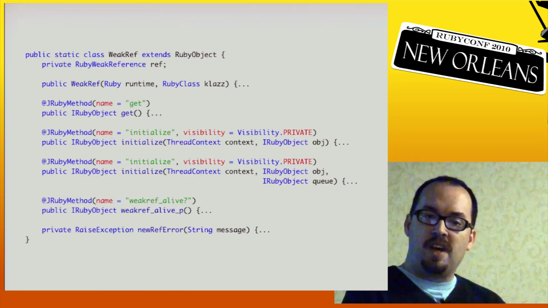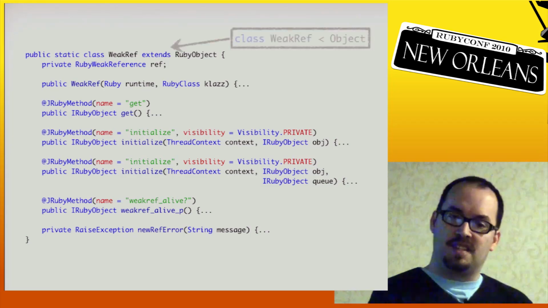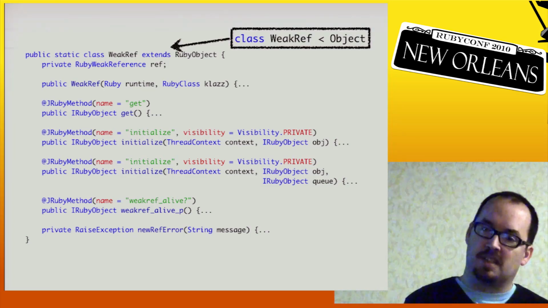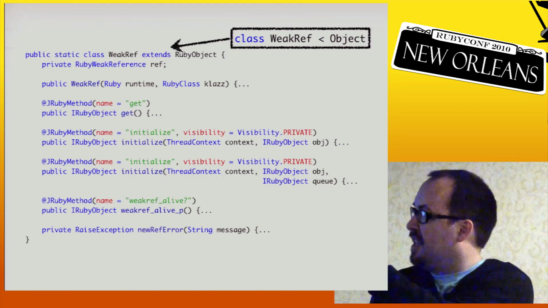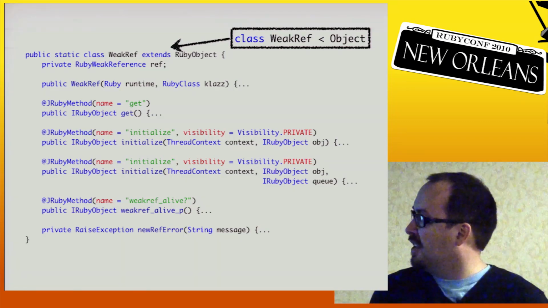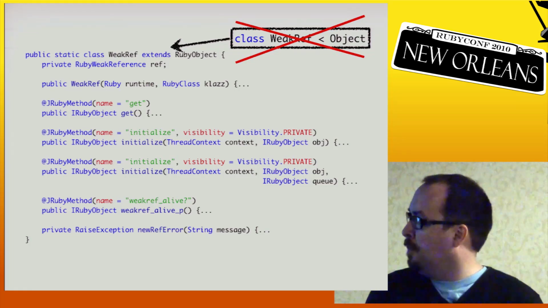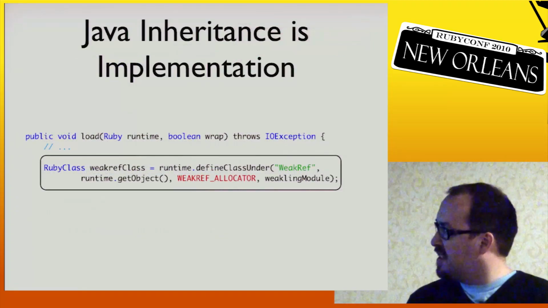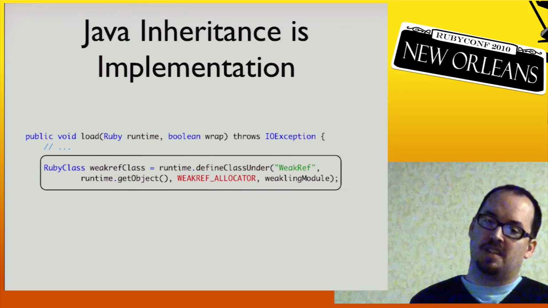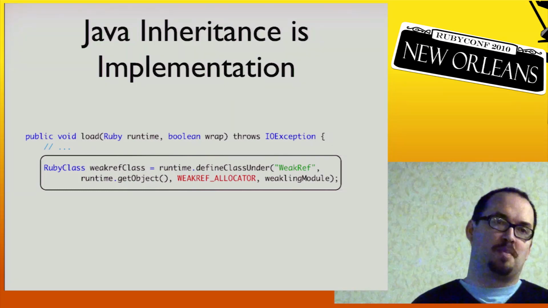So, if we actually look at the weakref class, the first thing you'll see is, weakref extends Ruby object. And so you'd naturally think that that was that relationship in Ruby as well, but it's not quite true. From 2 slides ago, we showed this define class under method. This is where all the Ruby relationships are happening.